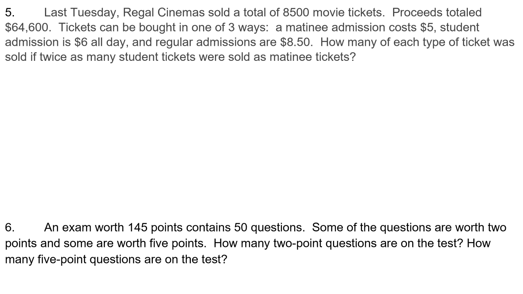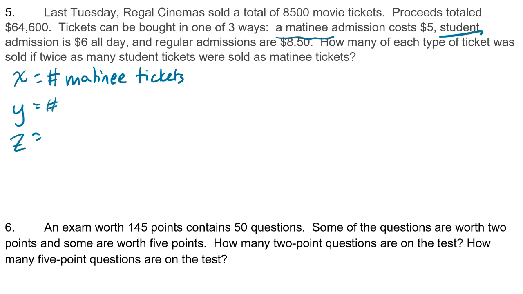All right, so let's start figuring this out. First off, we're looking for 3 different things: x, y, and z. So we're looking for the number of matinee tickets, the number of student tickets, and the number of regular tickets.